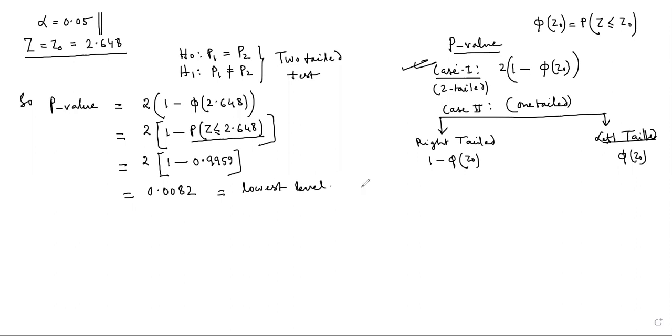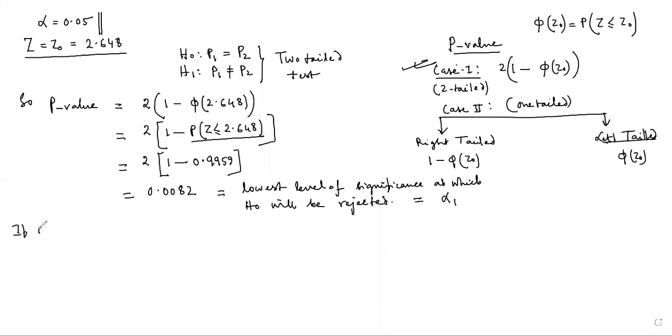Lowest level of significance at which H naught will be rejected. Okay, so let us call this level of significance, say, alpha 1.